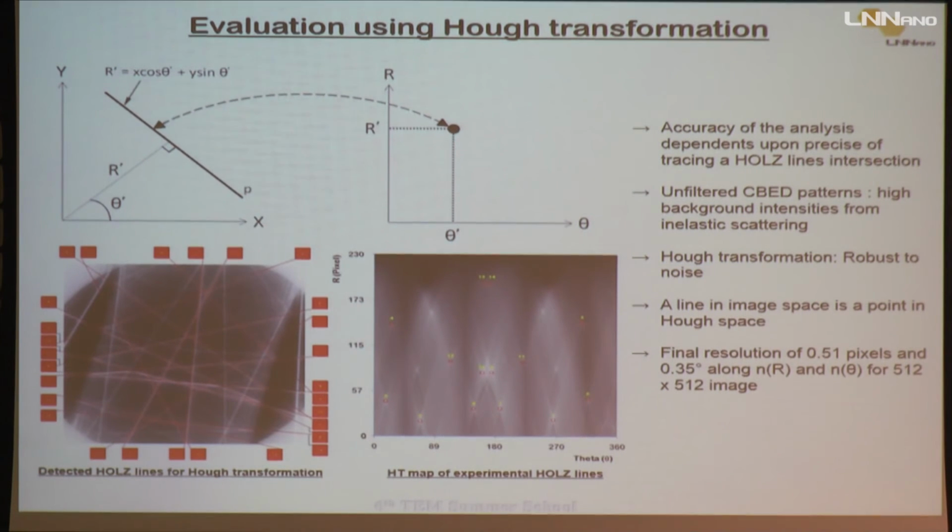What exactly does Hough space mean? A line in real space is considered as a spot in Hough space. If this is a general image, by transforming it into a Hough transformation, we get all these lines as spots in the space. And now it's very easy to determine the distance between two spots.